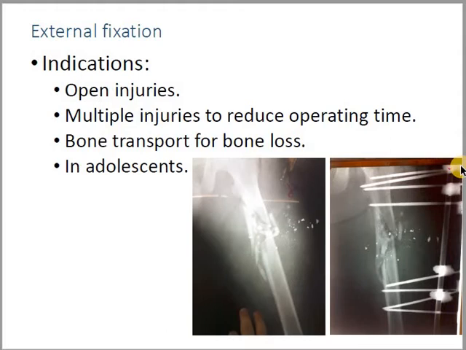So you only put Schanz pins above and below the fracture and connect them externally with a bar in a reasonable position, it doesn't have to be 100% reduced. This will make future treatment better and easier for the patient and the surgeon.